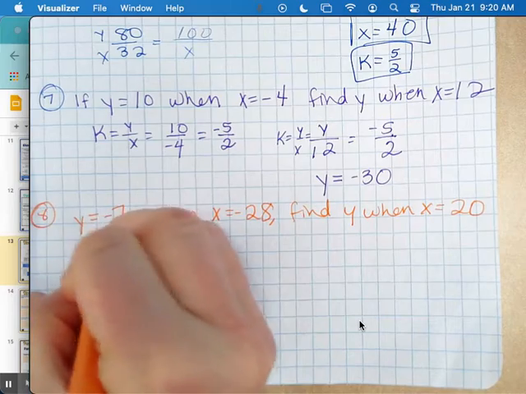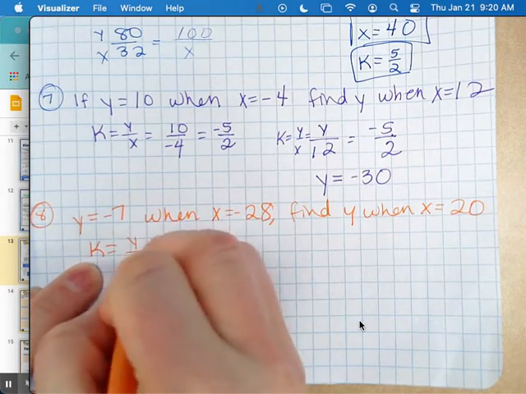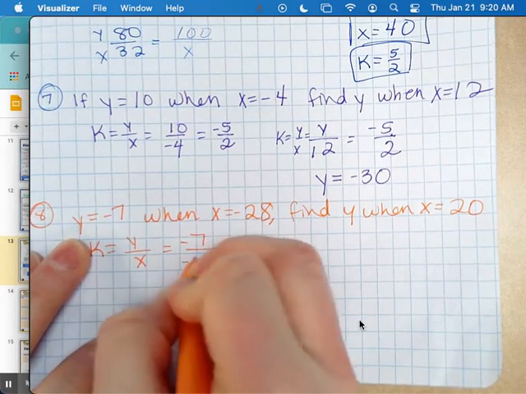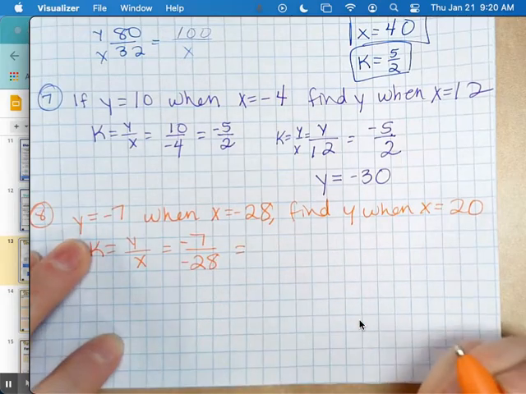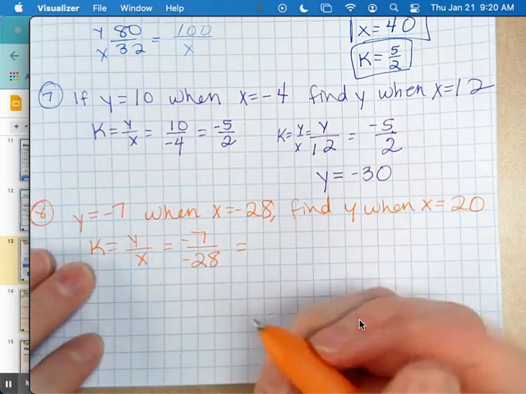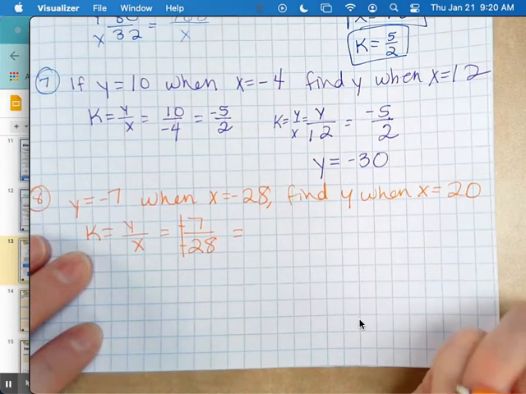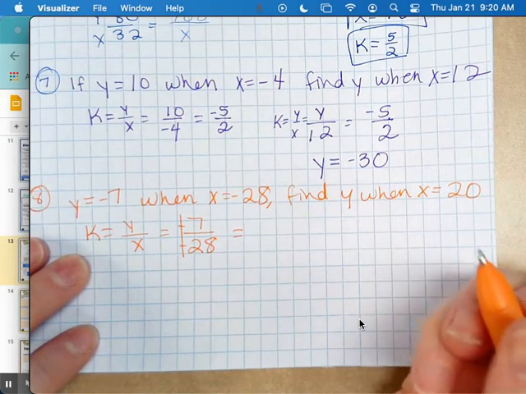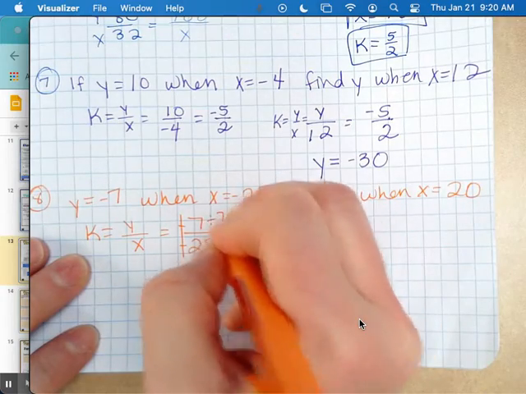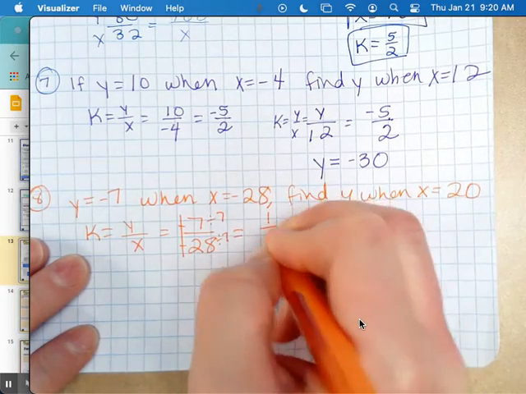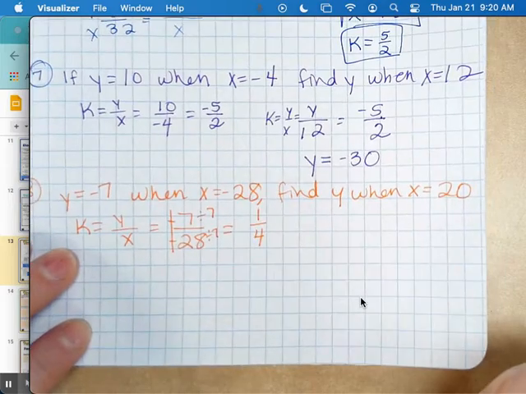Okay, so k equals y over x. -7 over -28. Negative over negative is going to become positive. So 7 divided by 28, we need to reduce that. We can reduce it by 7s, which gives us 1/4. So k is 1/4.